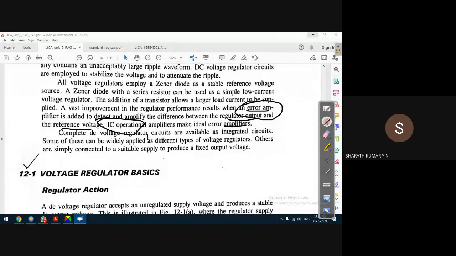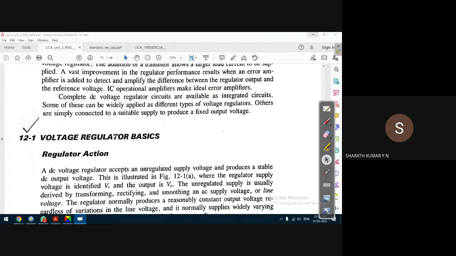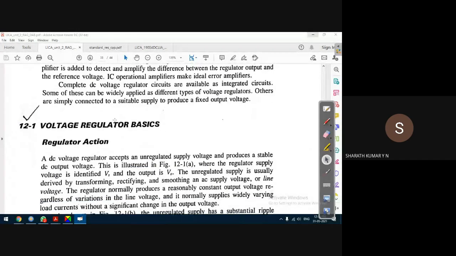Complete DC voltage regulator circuits are available in integrated IC form. Some of them are used in different types of voltage regulators. Others are simply connected to a suitable supply to produce a fixed voltage. In most of our mobile applications, charging units are nothing but voltage regulators, stable voltage regulators.